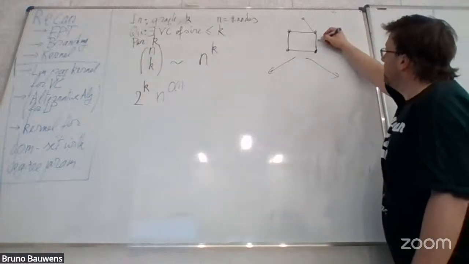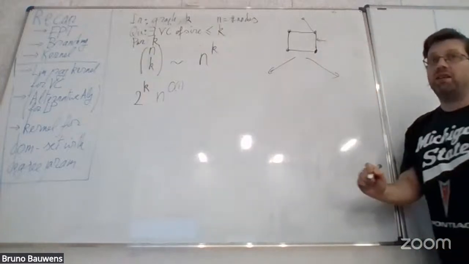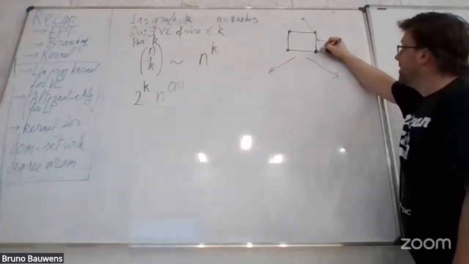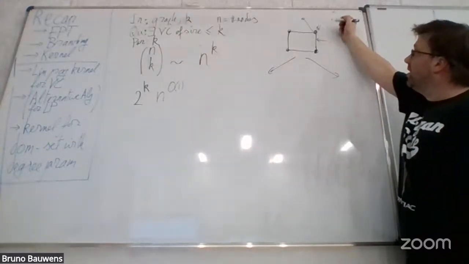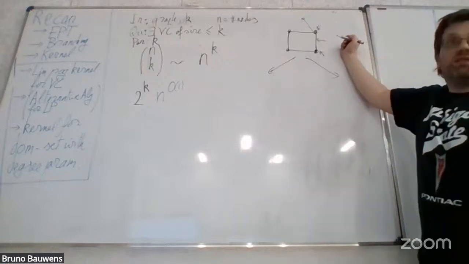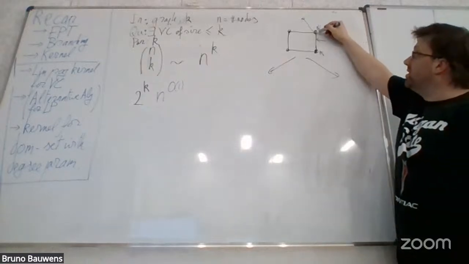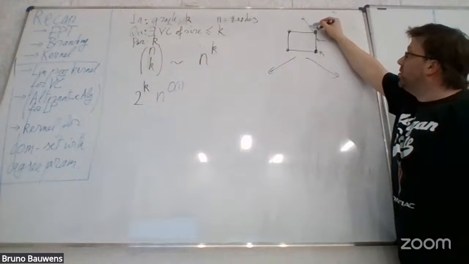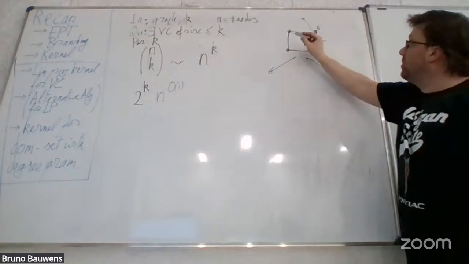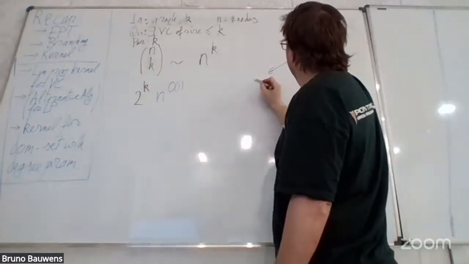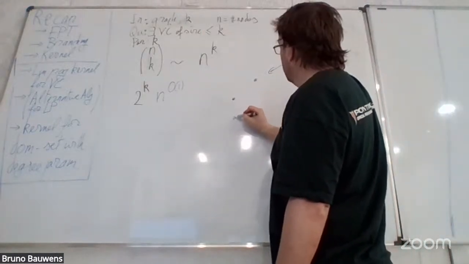So let us pick this edge. And then we have two branches. Either we say that this node is in the solution, or we say that this one is in the solution. If this is in the solution, it means that we are good for these three edges. So we just draw the graph that is left.